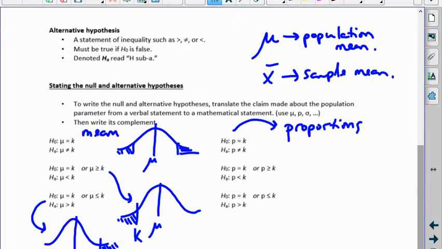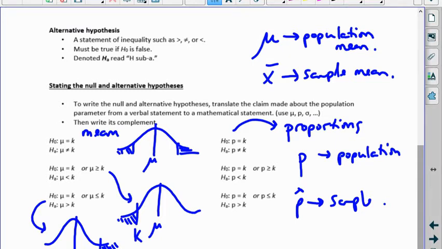For proportions, p is a population proportion, p hat is a sample proportion. But I'm not going to make you do any tests on proportions, so you won't actually have to use the p hat symbol at all. You just will have to write statements with a p. Okay, so do you want to attempt to write these?